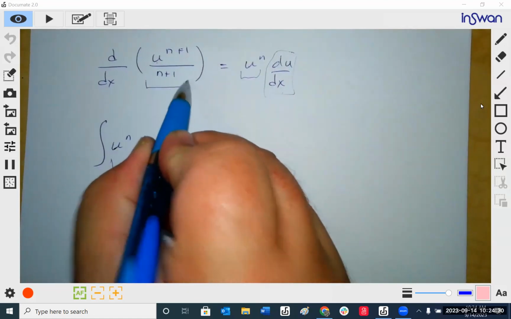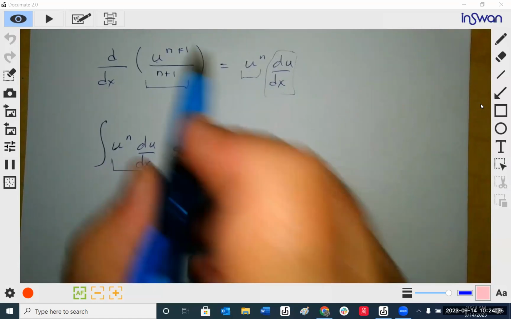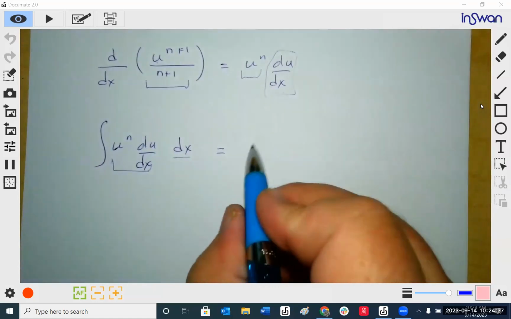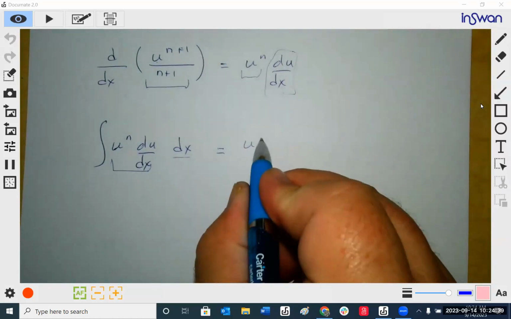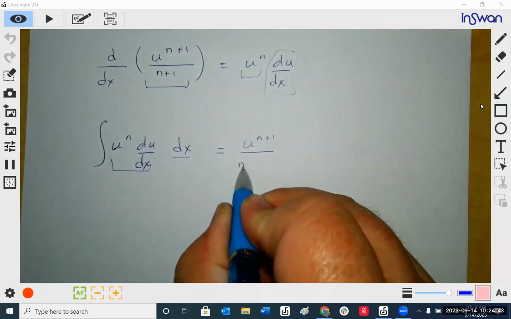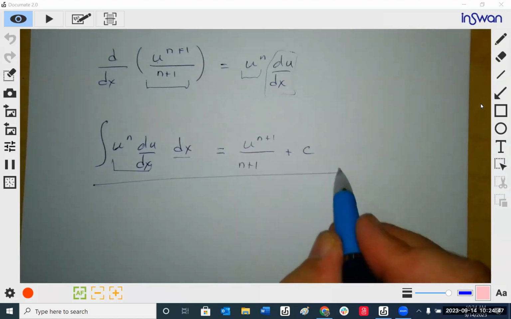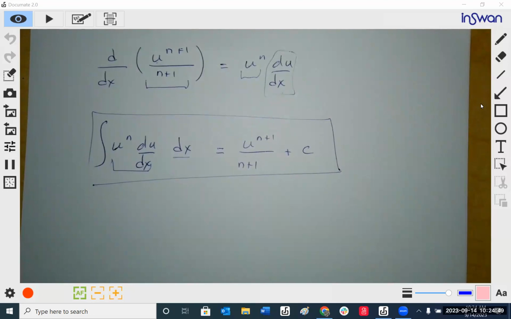It comes from this. We started off with this. So our answer is u to the n plus 1 over n plus 1 plus c. There's the chain rule backwards.